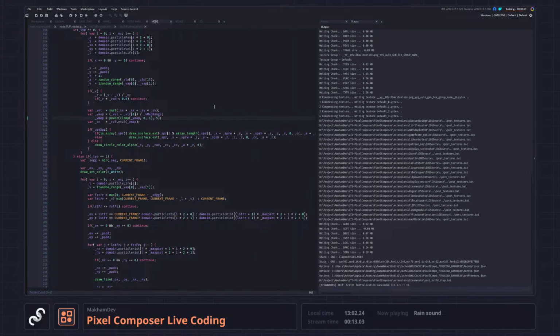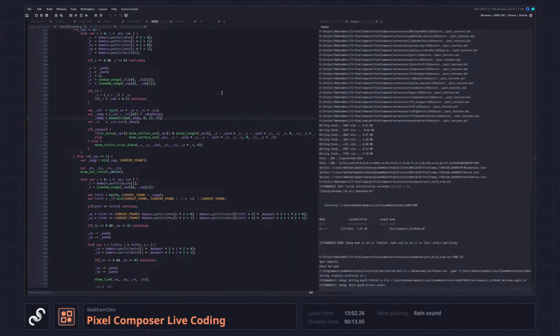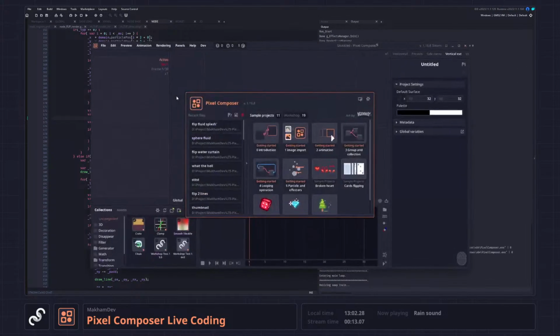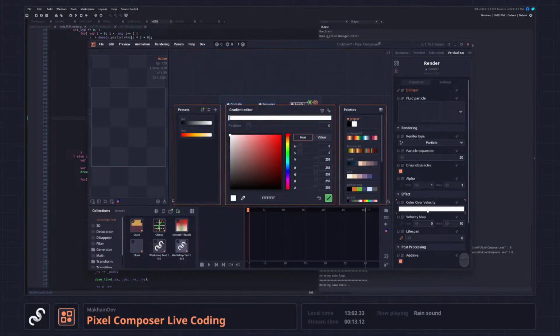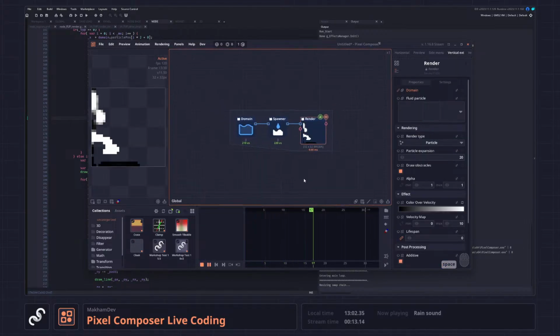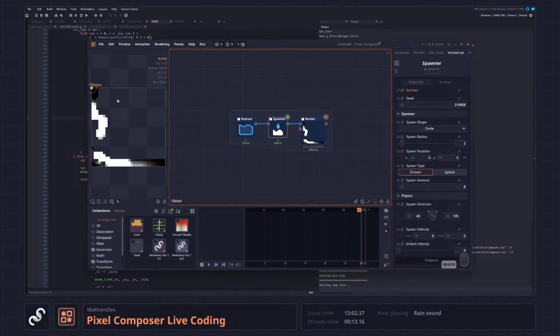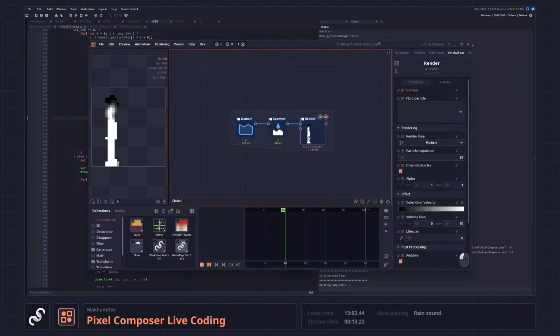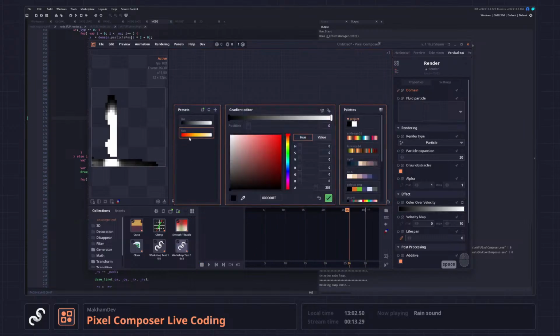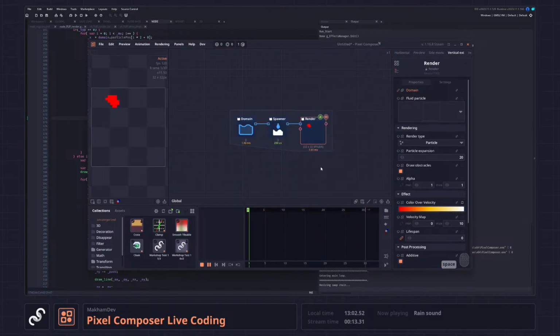Okay, it's way more clear now. The faster the particle moves, the slower particles are going to be black and the faster particles are going to be white, and you can change it using the gradient. I think that's pretty cool.